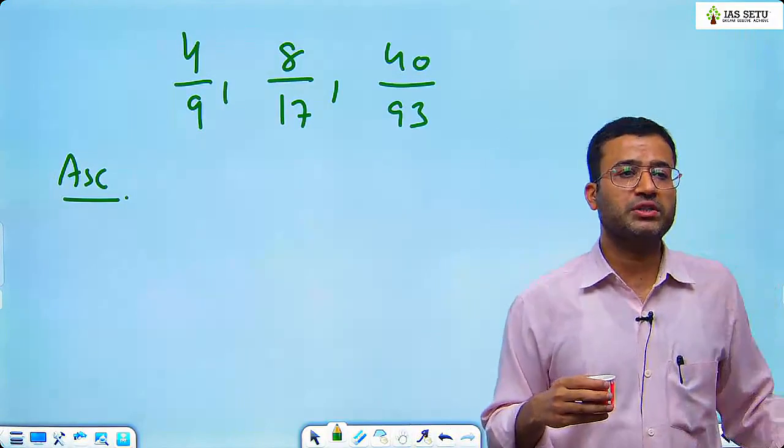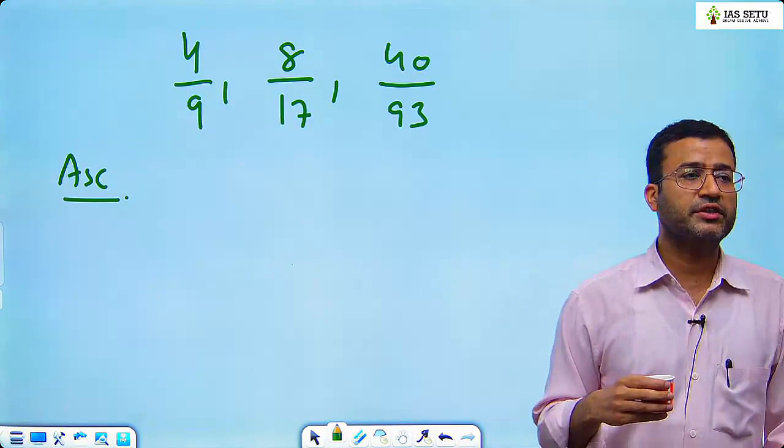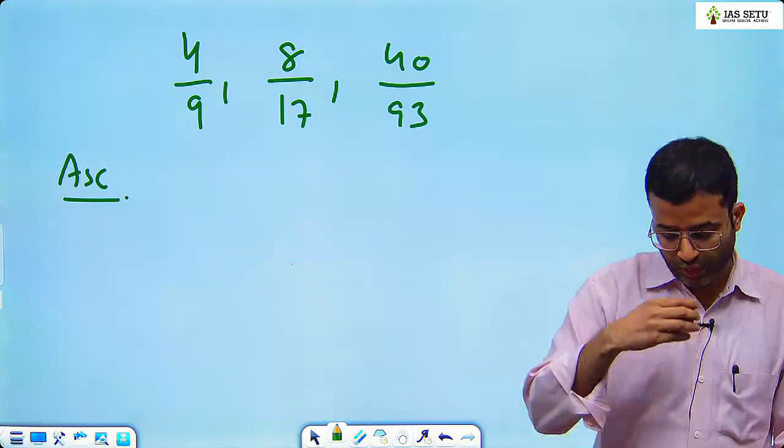Which one is smallest? 40 by 93. Which one is largest? 8 by 17.